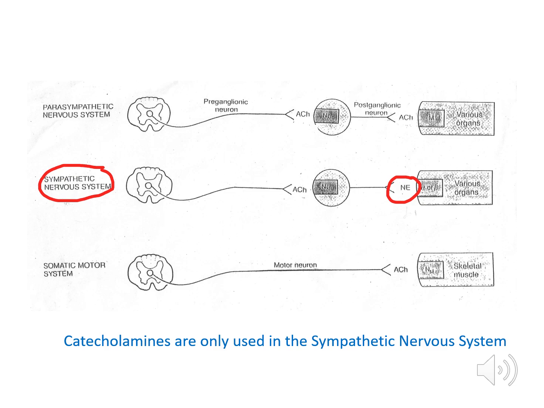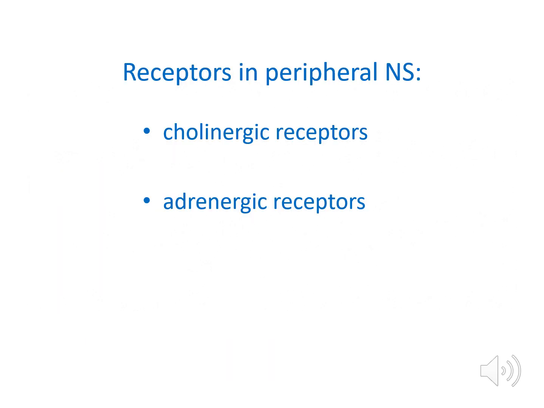If you hear somebody talking about epinephrine and norepinephrine being released, you know we're talking about the sympathetic nervous system. If they talk about acetylcholine being released, they could be talking about any of these 3 parts of the peripheral nervous system, right? Because acetylcholine is used in all 3 of those divisions. But epinephrine and norepinephrine are only active in the sympathetic nervous system. Does that make sense?